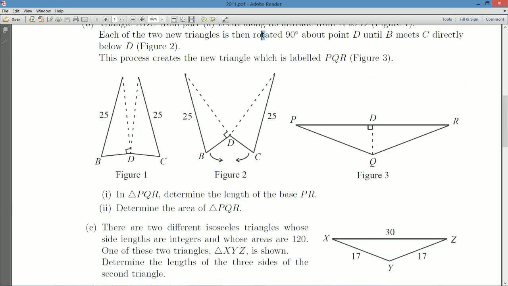So the nice thing is we rotated about 90 degrees, and BC will meet directly below D, so this is still going to be a 90-degree angle right here. And so we have 2 things to do. In PQR, determine the length of the base PR, and determine the area of PQR.